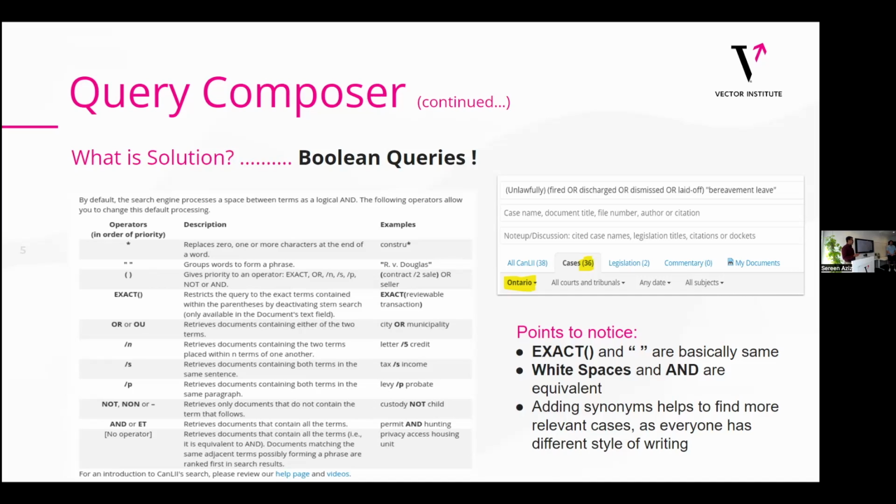But for legal professionals, it's really hard to come up with these kinds of logical queries. So we are proposing this chatbot. And as you can see, if we add more synonyms in the query, it really helps to find those false negatives because everyone has a different style of writing.